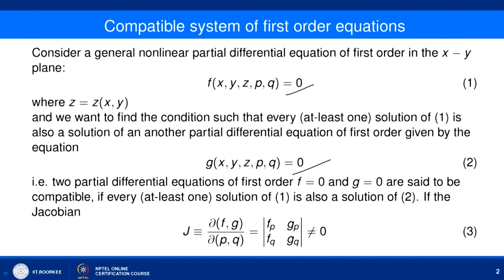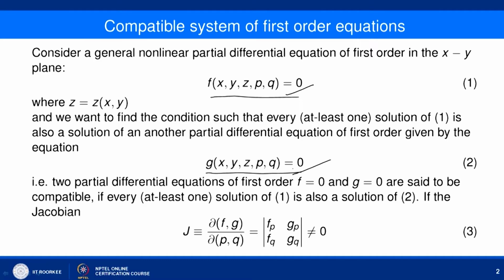So, the partial differential equation f of x, y, z, p, q equal to 0 and g of x, y, z, p, q equal to 0 are compatible to each other if they have at least one solution in common. And then we just want to see how we can find that one common solution.